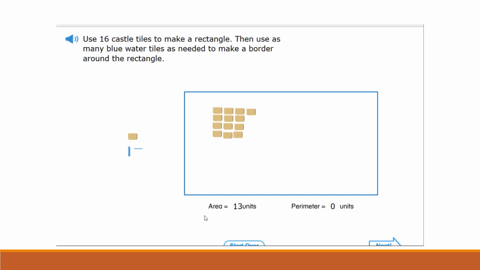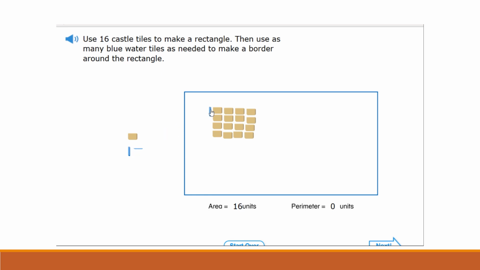You can see it changing, the total changing. 14 units. Oops. 15 and 16. So those are 16 castle tiles. Area, I should say 16 square units actually. And then use as many blue water tiles as needed to make a border.